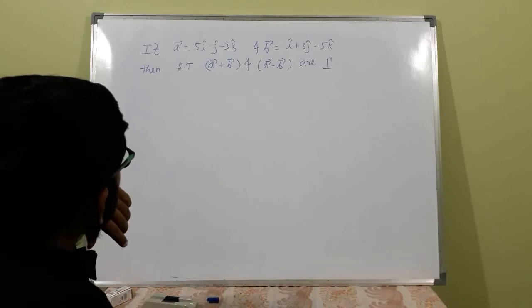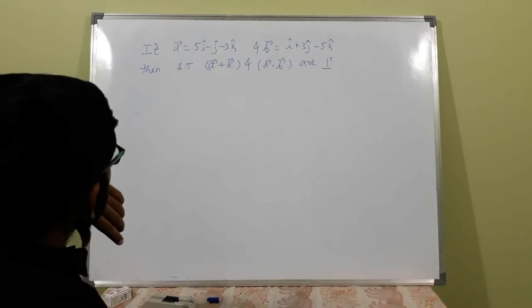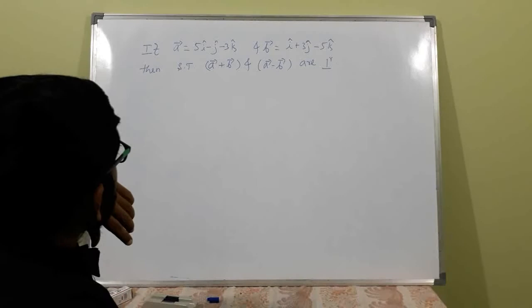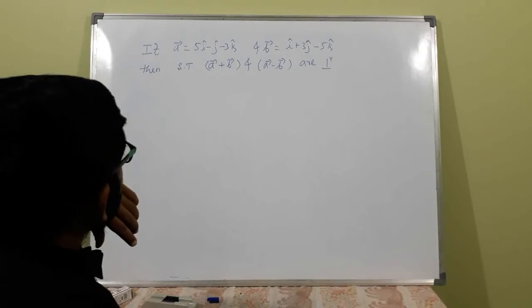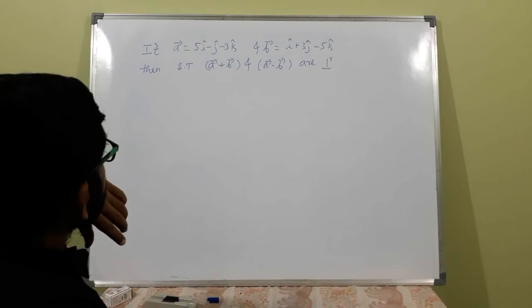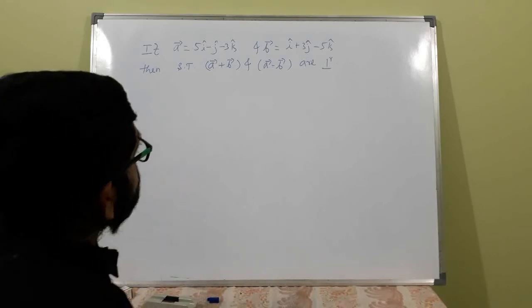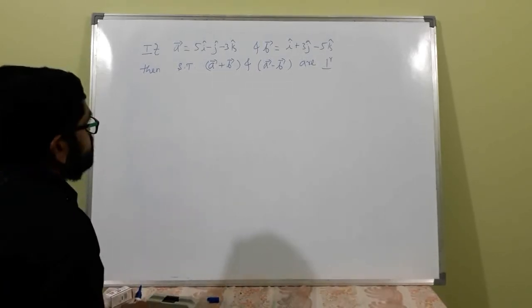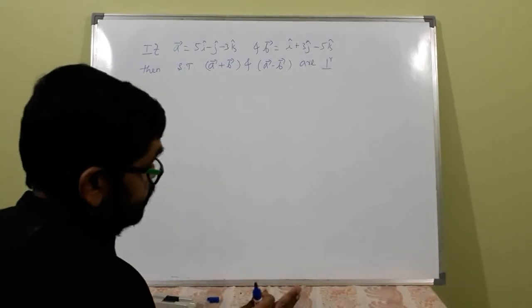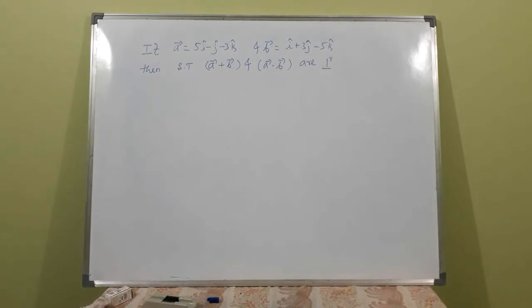In order to show that those two are perpendicular, you have to find vector A plus vector B dot vector A minus vector B is equal to 0. A dot B is 0 if and only if A and B are perpendicular.